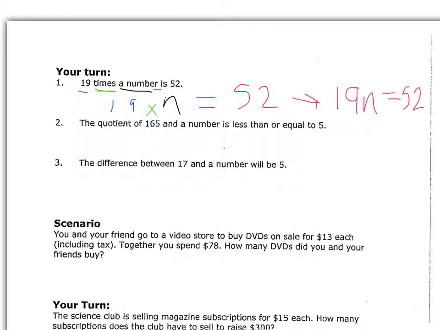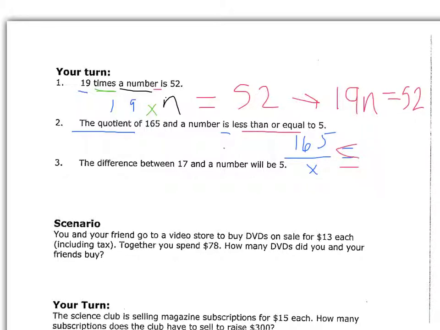Okay, number 2. It says the quotient of 165 and a number. Remember, quotient represents division. So we have 165 and the quotient of that and a number, is less than or equal to. That should key us for our inequalities.